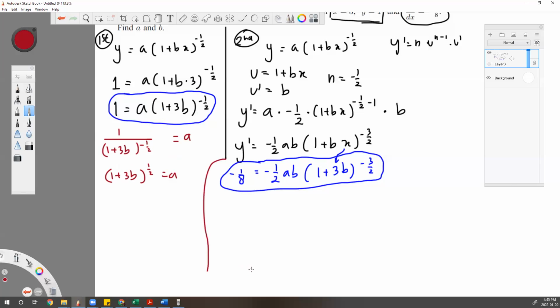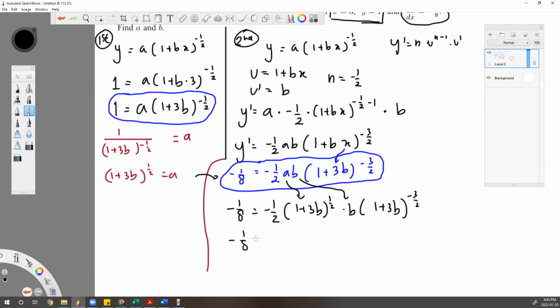Ask me if you think that you lost somewhere. And I put the A to the right side. So negative 1 over 8 equals negative half A times 1 plus 3b power half times b, so everything in terms of b, times 1 plus 3b power negative 3 over 2.